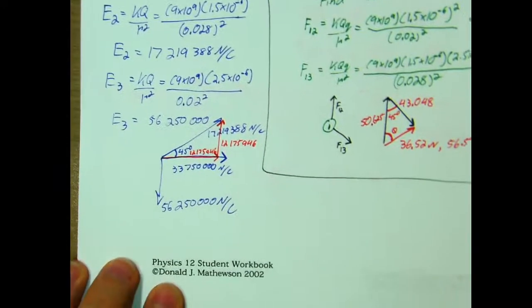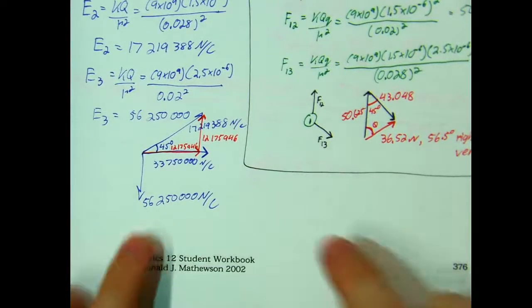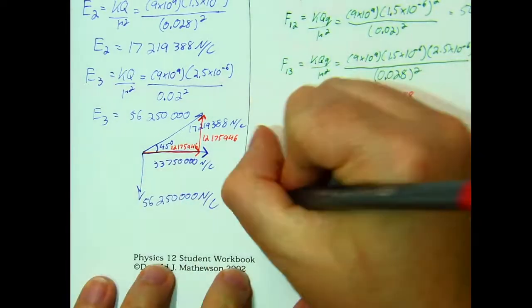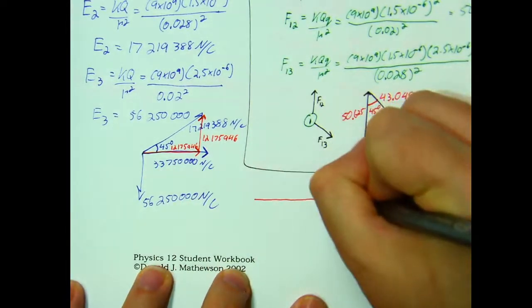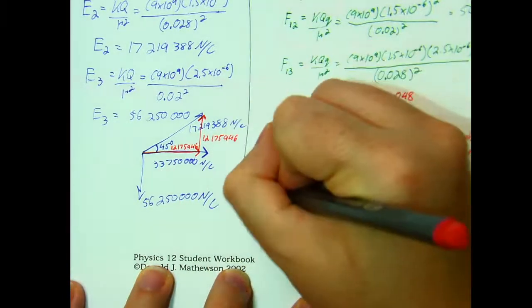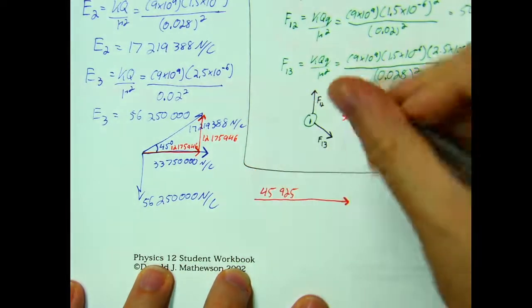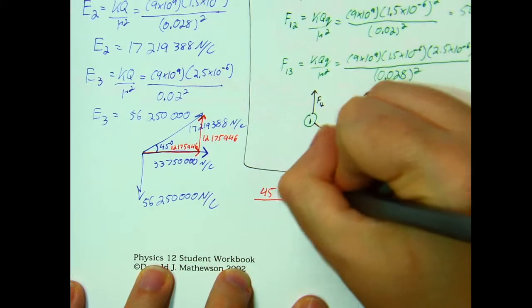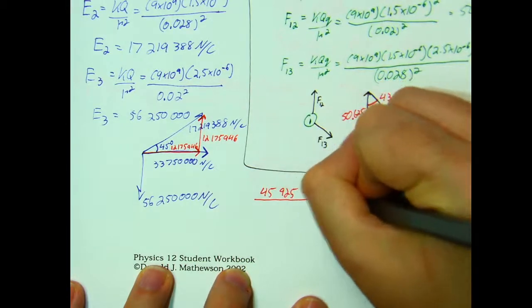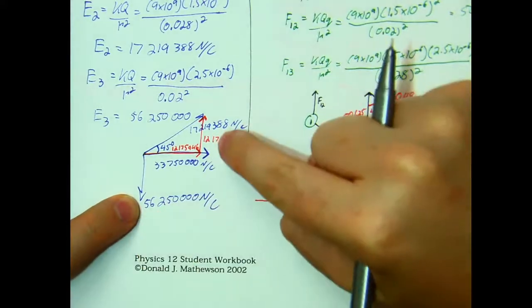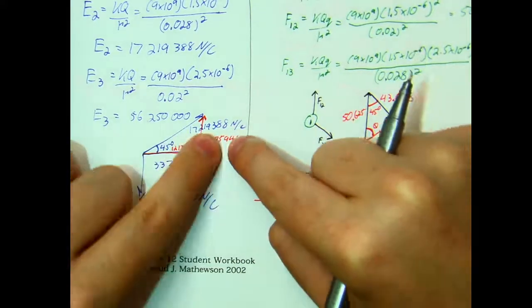And so we can redraw this thing together. We're going to have these two added together, the 33 million and that 12 million. We're going to add those together, and it's going to give us one that looks like that: 45,925,946 newtons per coulomb. And then we're going to have this downward one, and we're going to subtract the upward component from it.